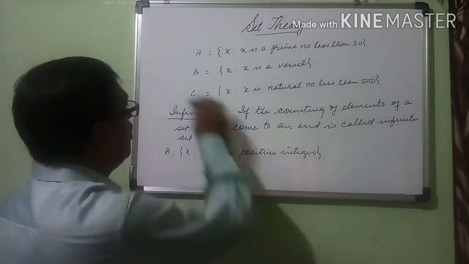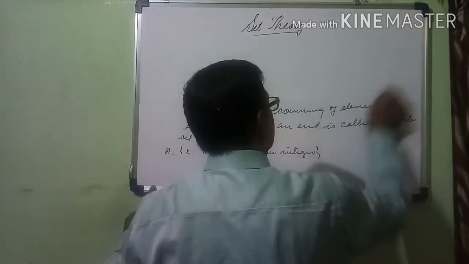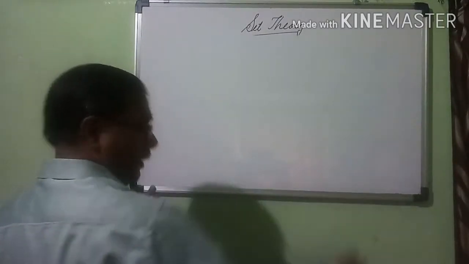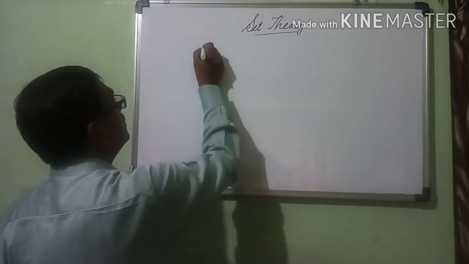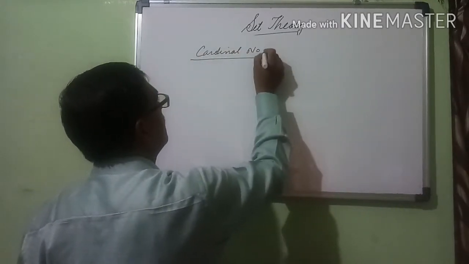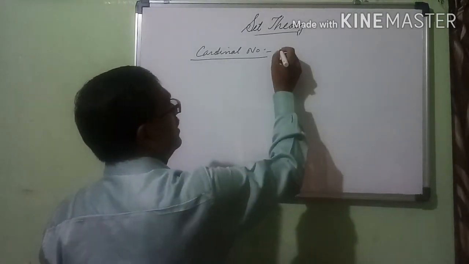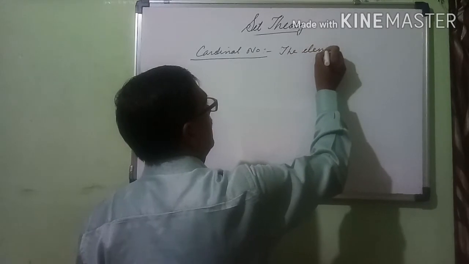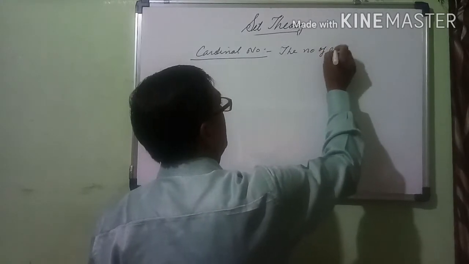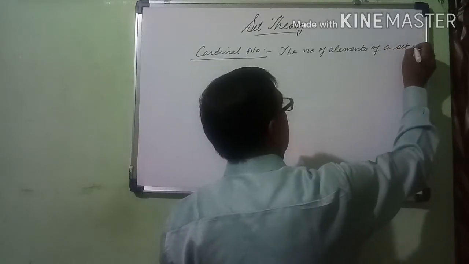Now, I would like to say what is called cardinal number. The number of elements of a set is called the cardinal number.